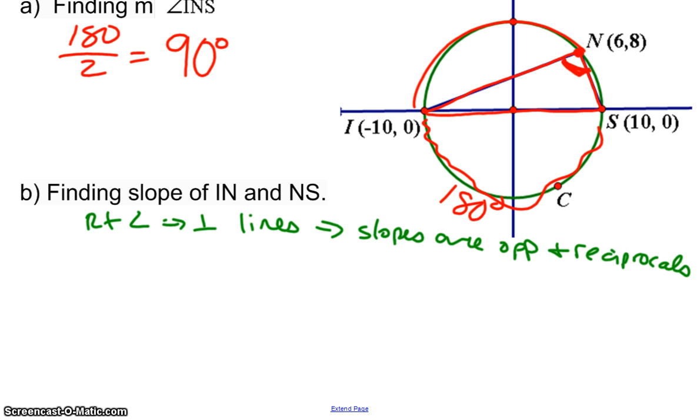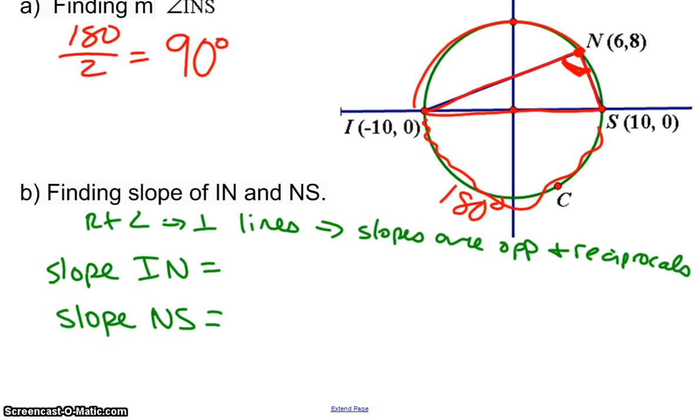So go ahead and plug in IN and NS to find the slopes. When you plug in, you get 1/2 and -2, which tells you that yes, they are perpendicular, since it is a right angle.